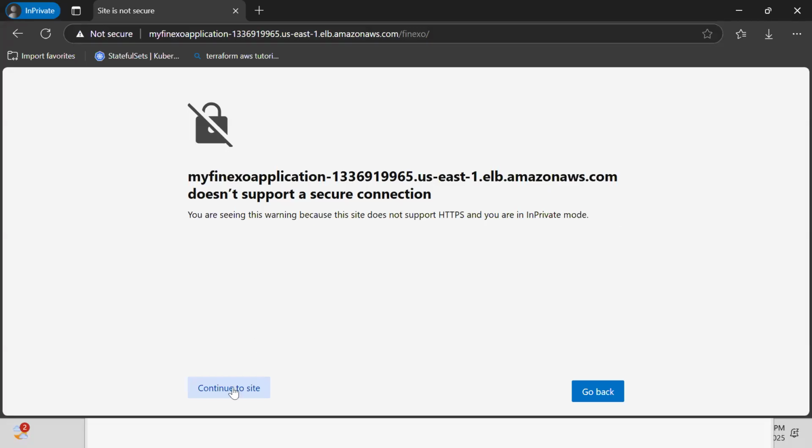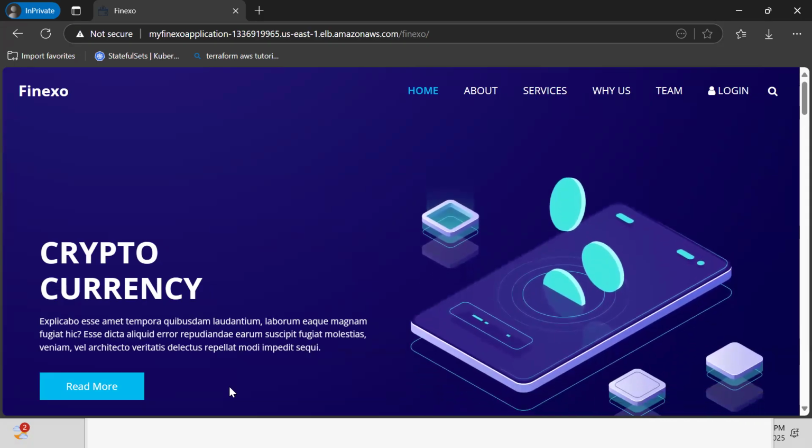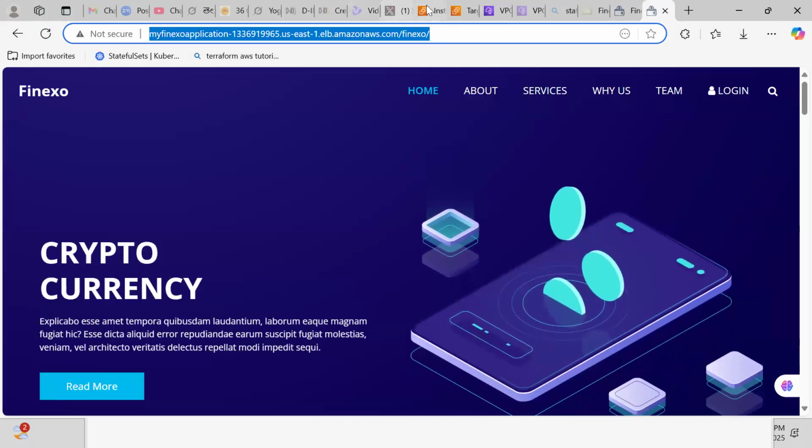This is a certificate-related issue, not related to the application. Still, the website is working fine.